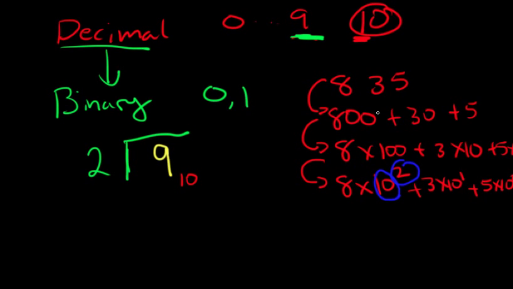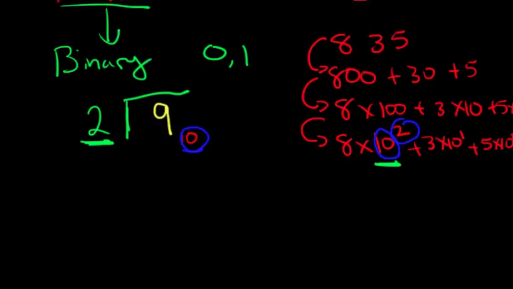So in decimal, we're in base 10. That's what you call it, base 10. That's what this number right here indicates. And for binary, this base is actually different. This base would be a 2 instead of a 10. And so now you have an understanding of why we're using a 2 in this method.